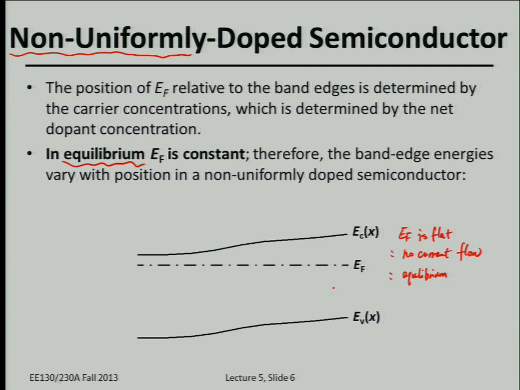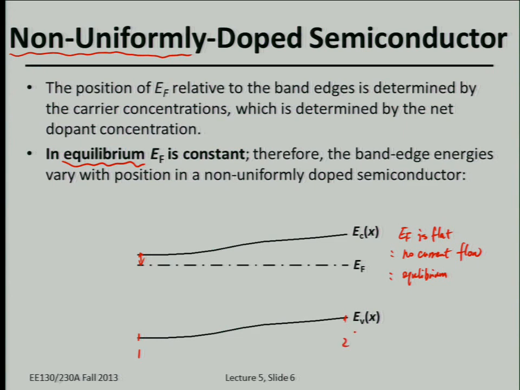Just looking at this band structure, based on your knowledge of carrier concentration versus conduction band energy as well as the Fermi level, can anyone tell me which position, the left or the right, has the higher electron concentration? The left, right? Because you see that EF is closer to EC at the left end. I'll call this position 1 and this position 2.